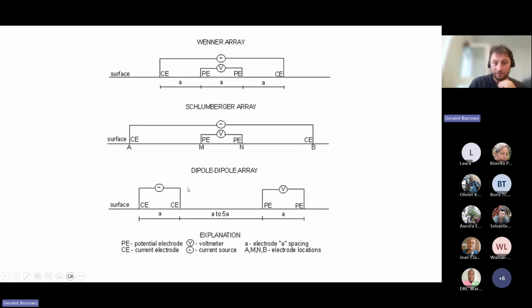And then within the dipole-dipole array, you'll be passing your current across two electrodes in one location, and then picking up the voltage from that current in another location, where the distance between the two will be between this distance A that you separated your current and voltage electrodes from, to 5A.